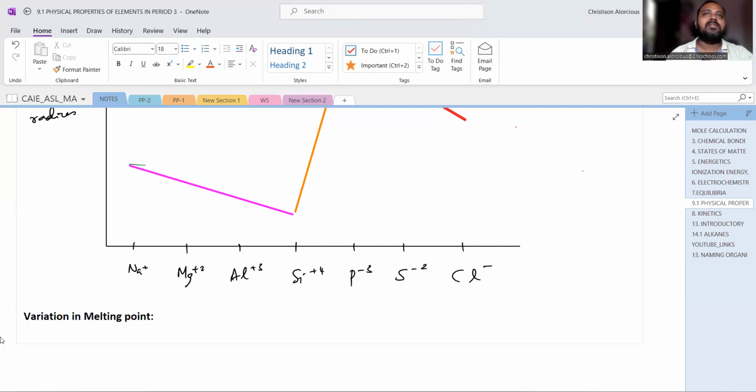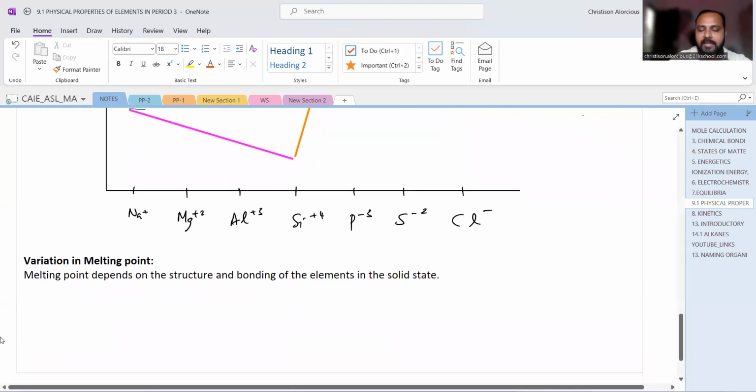Depending on the structure and bonding of the different elements, you will have to break different types of forces. So melting point depends on the structure and bonding of the elements in the solid state.